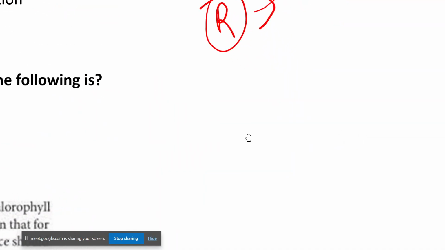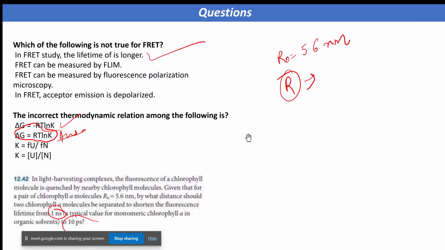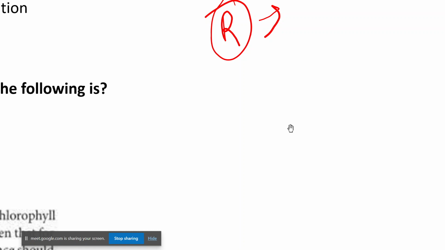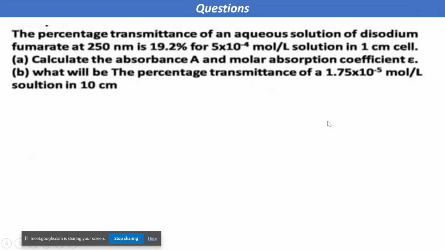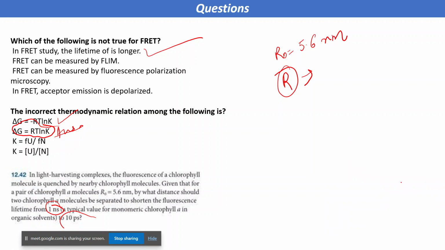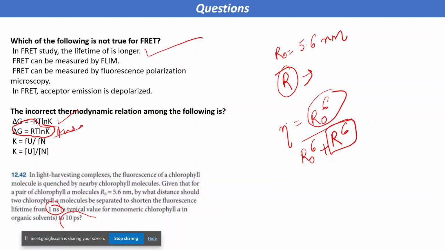This r you have to calculate, and you also do not know the energy transfer efficiency value.